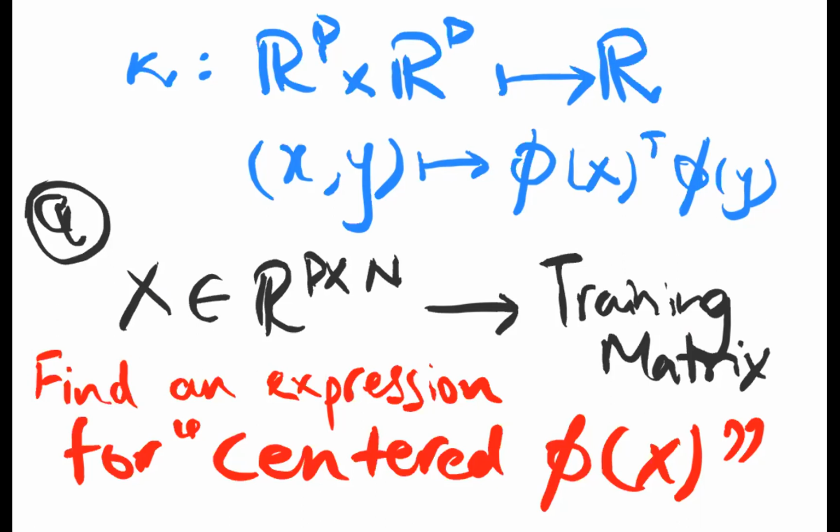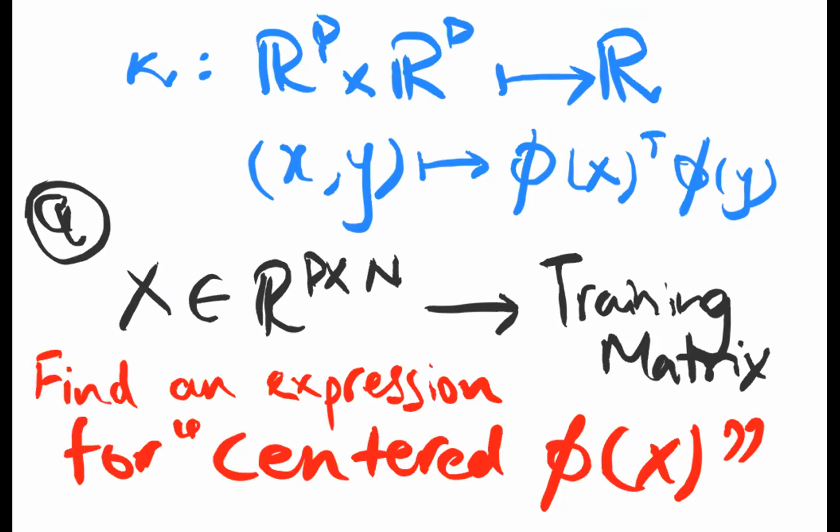Okay, I think it should be a matrix, right? Matrix coming out of what? Out of kappa, if I put in x and x, for example, of dimensions q by n.